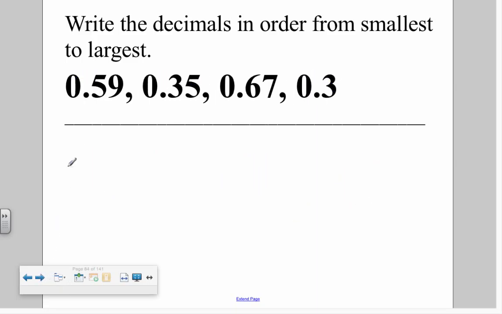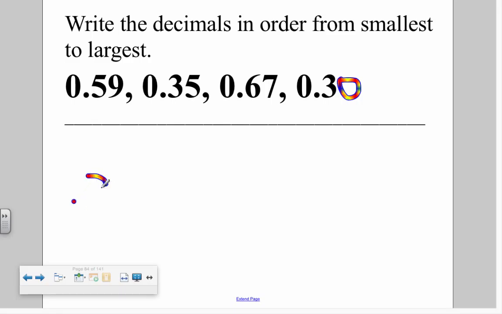Let's take a look at this one. Remember I said that you need to have all of these ending in the same place value. This one does not. How do I make it end in the hundredths spot? If I add a 0, now it's 30.